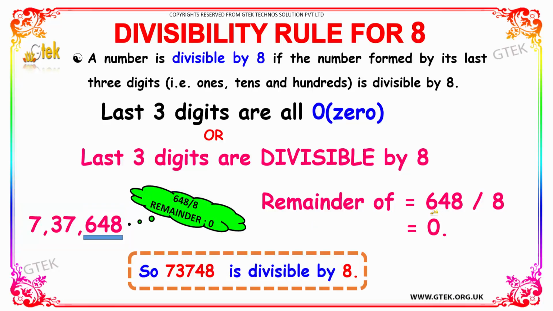Since the remainder of the last 3 digits on dividing it by 8 is 0, your number 737648 is divisible by 8 as well. So this is the divisibility rule for 8.